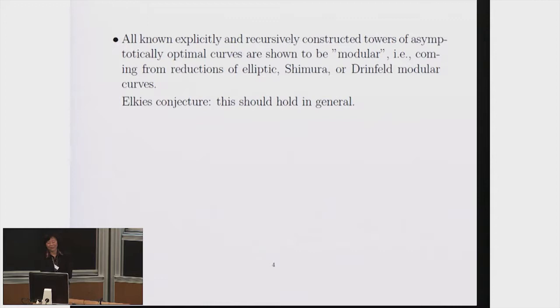It turns out that all the known explicitly and recursively constructed towers of asymptotically optimal curves are shown to be modular by Elkies, basically, which means that you can show they all come from reductions of elliptic, Shimura, or Drinfeld modular curves. Therefore, Elkies conjectured that this should be the case when q is a square and we have recursively, explicitly constructed optimal towers. This conjecture is still open.